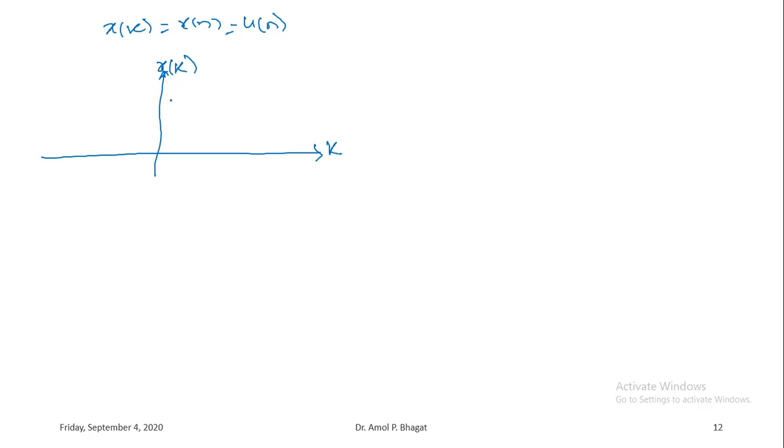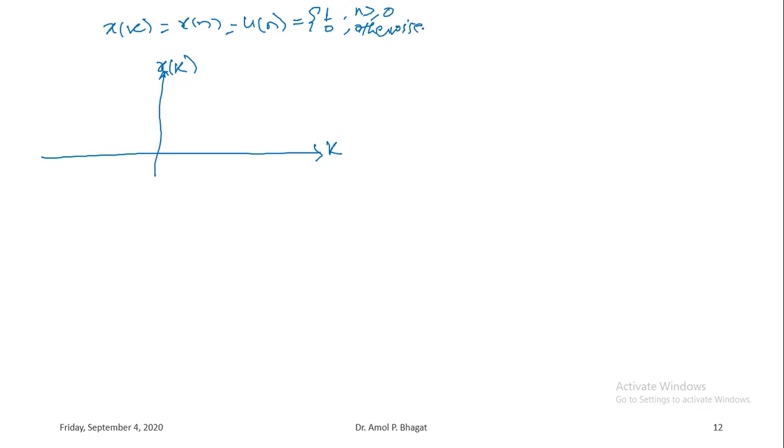Initially I will plot x of k. x of k will be the same as x of n, which is nothing but u of n. So how will it be plotted? Here x of k will be on the y-axis, and on the x-axis k will be there. As we know, u of n is 1 for n greater than or equal to 0, and 0 otherwise.